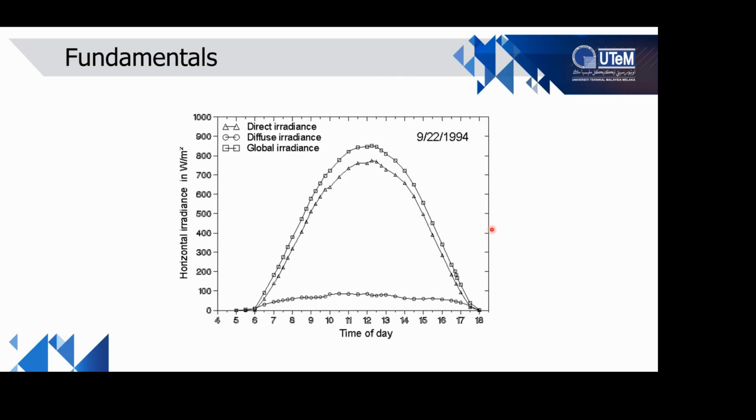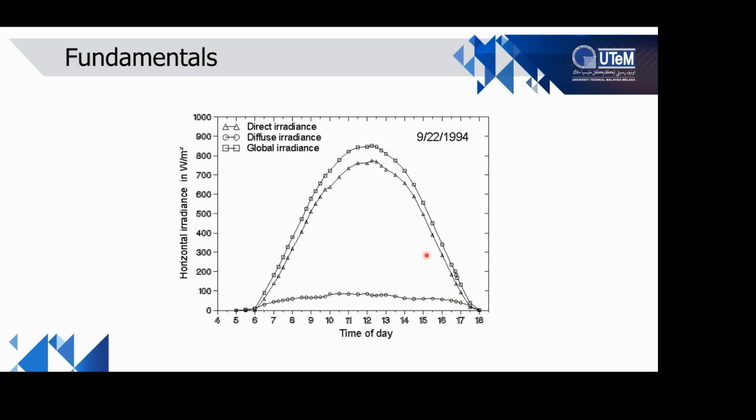Okay, this is a graph that shows a sample of a daily irradiance profile. The curve with the triangle markers refers to the direct irradiance. About 90 to 95% of the irradiance that we get comes from direct irradiance, while the rest, around 5 to 10%, comes from the diffuse irradiance, indicated by the line with the circle markers.